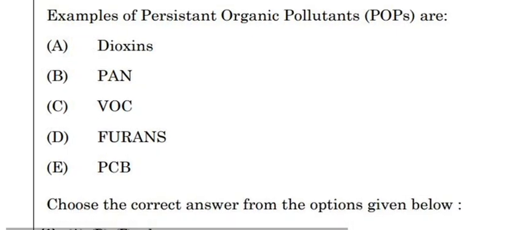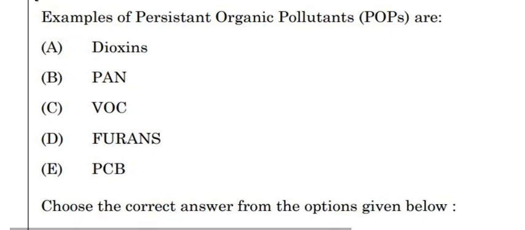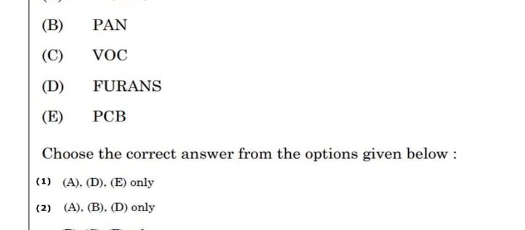37. Examples of persistent organic pollutants, POPs, are what? Dioxins, maybe not the way I have pronounced, but this is the way I pronounce, sorry for that. PAN, VOC, furans, PCB. So these are the options.